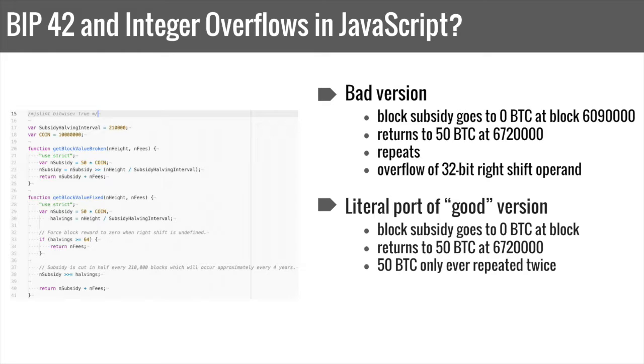If you look up the ECMAScript definition of what that right shift operator does, the right-hand value that you're passing to the operator gets cast implicitly to a 32-bit value. And so if you have more than 32 halvings, then you're going to have an integer overflow. And so even in this good version, the literal port to JavaScript, it's going to repeat the 50 BTC twice. And it's still sort of broken.